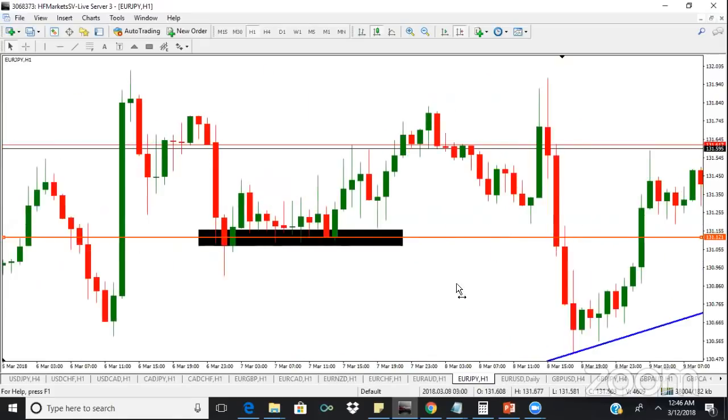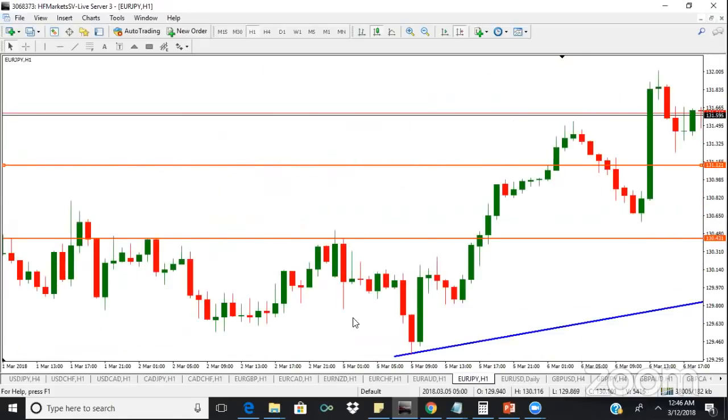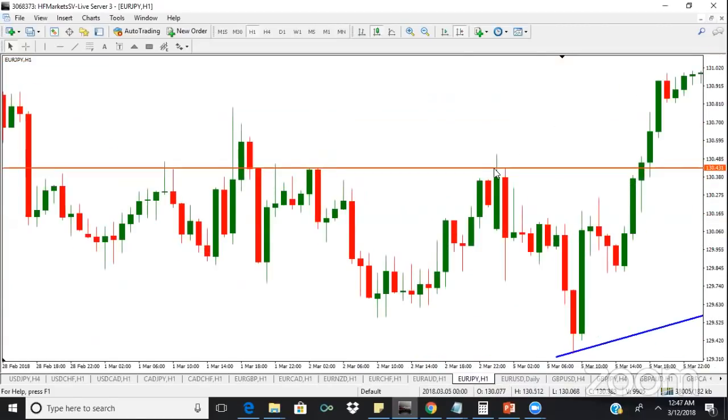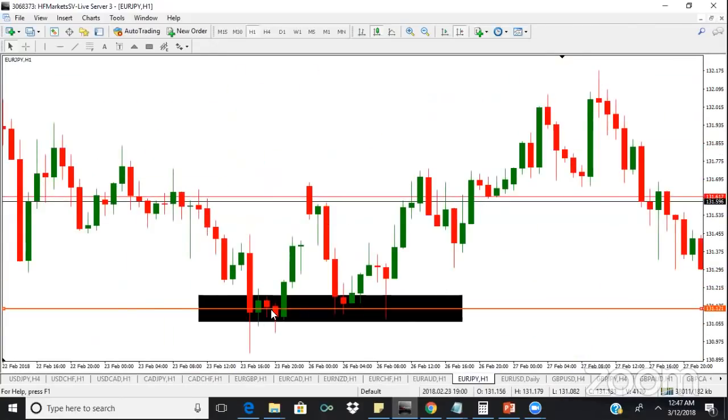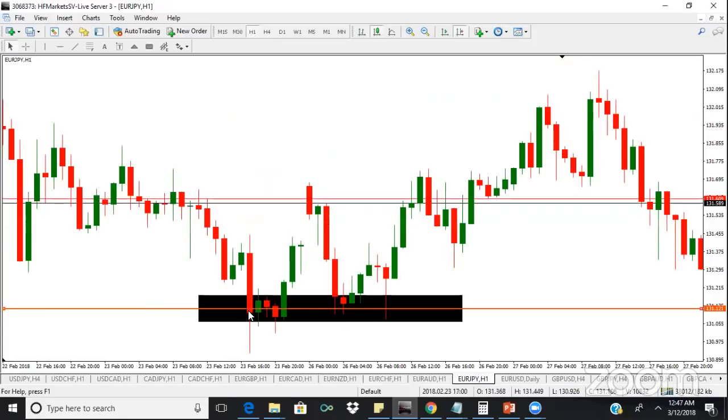So you want to see that. You want to see a baby followed by a mother around this zone. This is a baby followed by a mother. That is an engulfing. Or you see a pin bar or an inside candle, a mother followed by a baby.